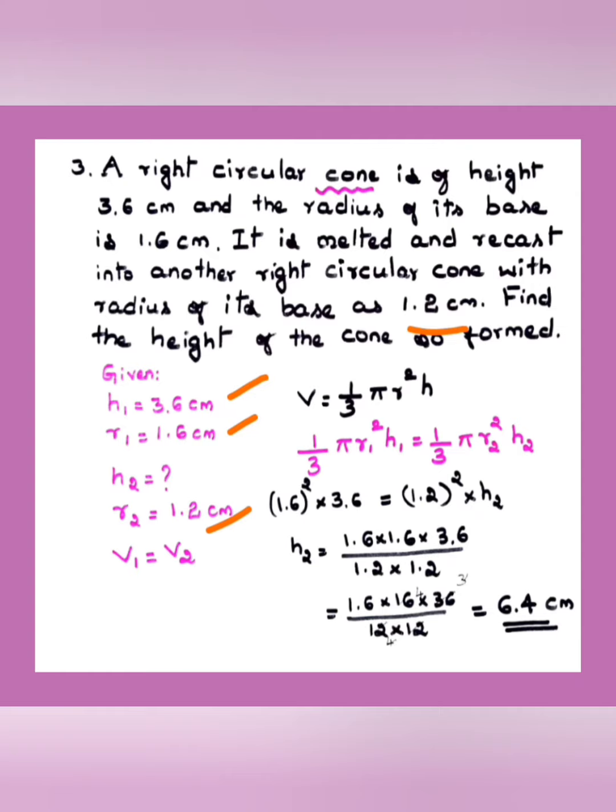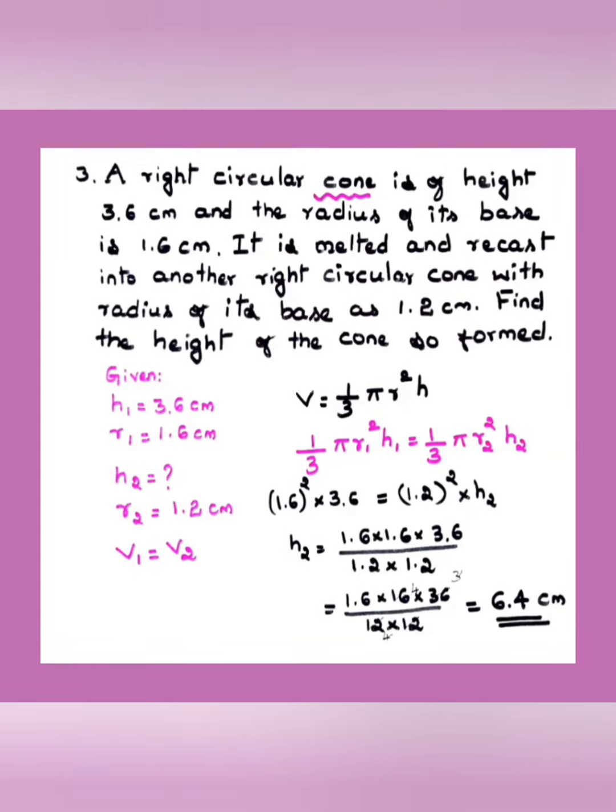R2 is 1.2. Find the height of the cone so formed. So H2 we have to find out. So here we can write V1 is equal to V2. Volume of the first cone is equal to volume of the second cone, because the same cone is melted and recast into another right circular cone.